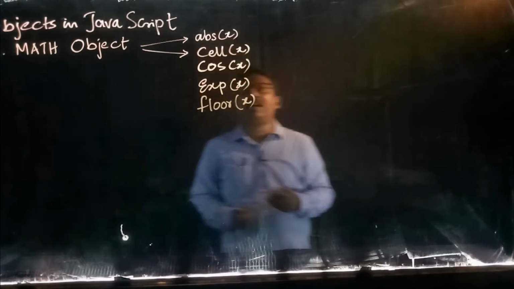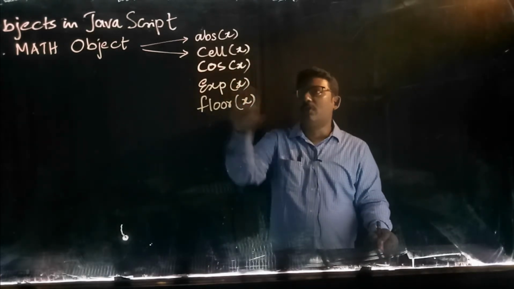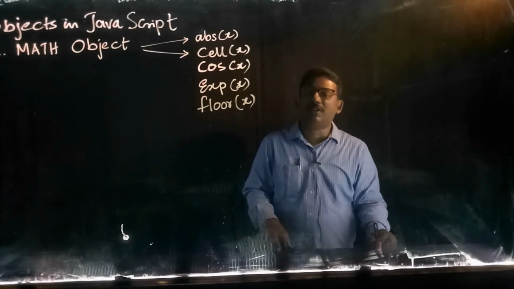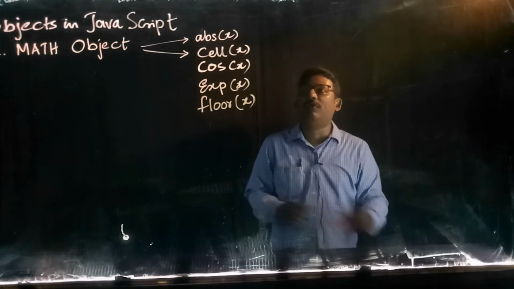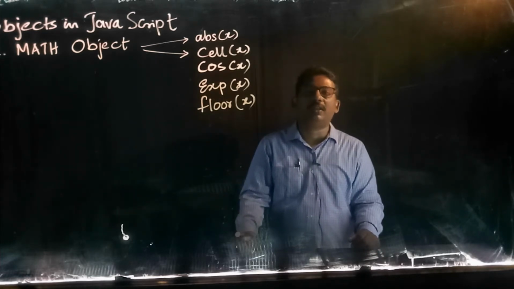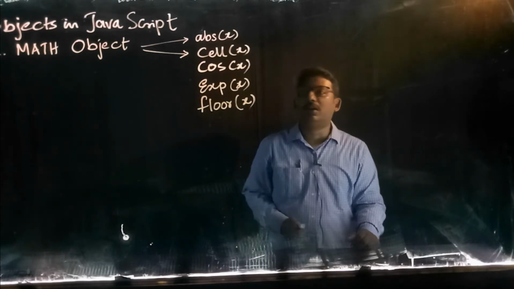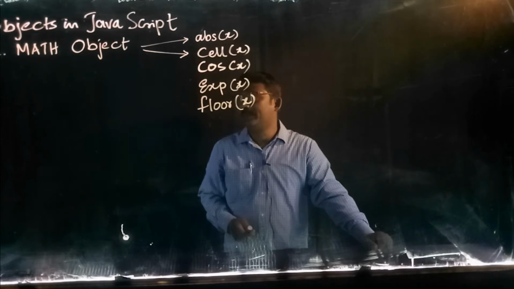This also works like ceil. It will also round the given value, but it will give the greatest value, whereas ceil will give the smallest value near after rounding the decimal number.